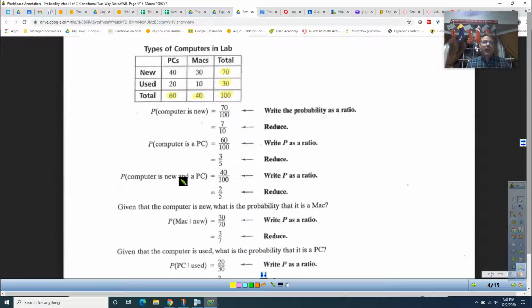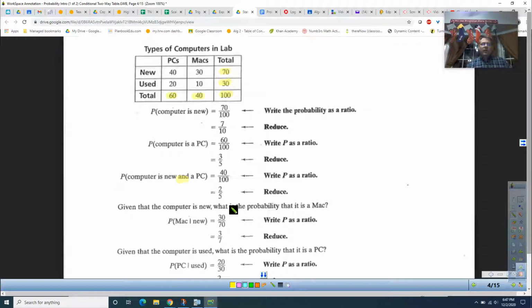So this word is "and." How many of these are a PC and new? Well, 40. That's where that 40 comes from. So the 40 is out of 100, which reduces to 2/5.